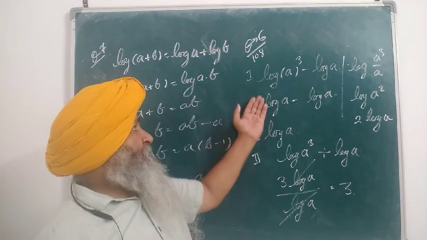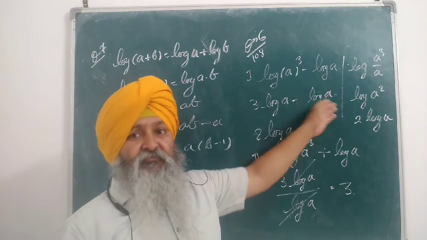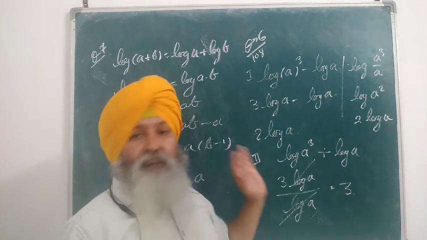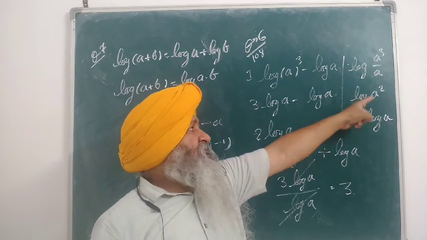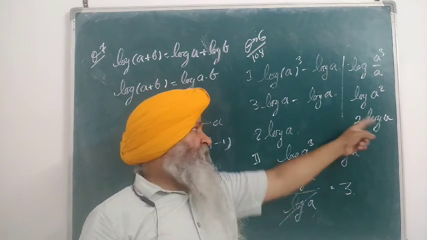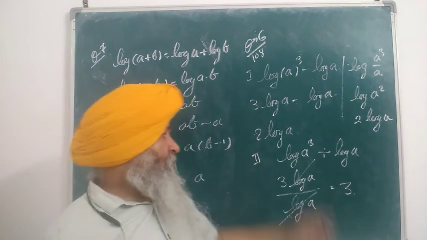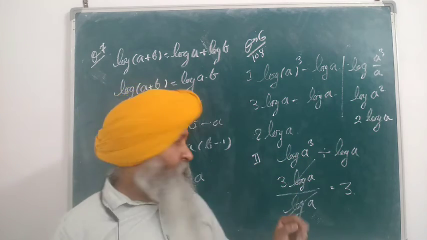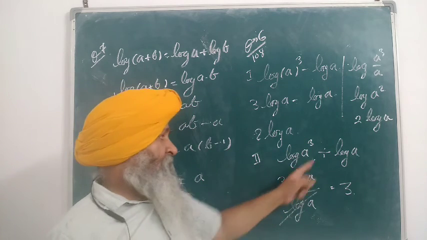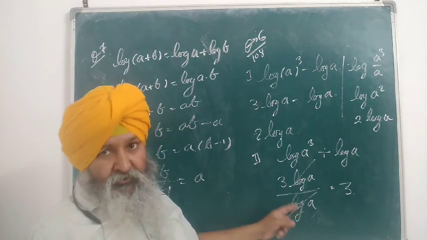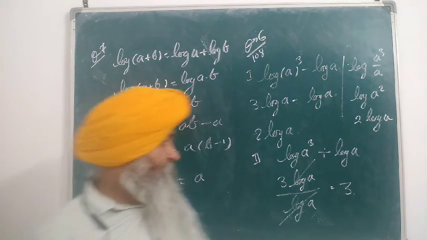You can do this by taking 3 into multiplication, then subtract 1 term out of the 3 terms, that is 2 terms. The other way is log a cube divided by log a, where the power comes forward: 3 log a divided by log a. Log cancels, so what is that? 3. So that is your answer.